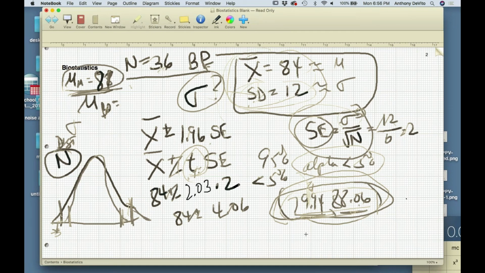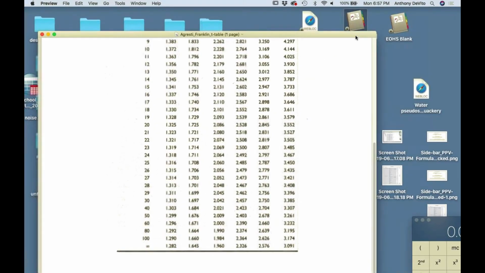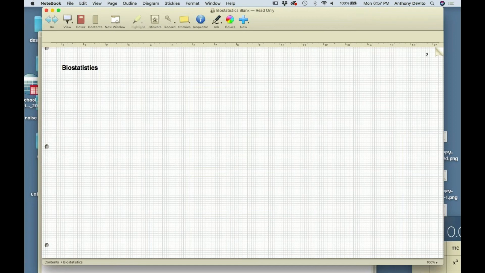Well, in statistics, we really don't use this quite this way. We do it a little bit differently. I'm going to start again here. I'm going to tell you that the sample size is 36.